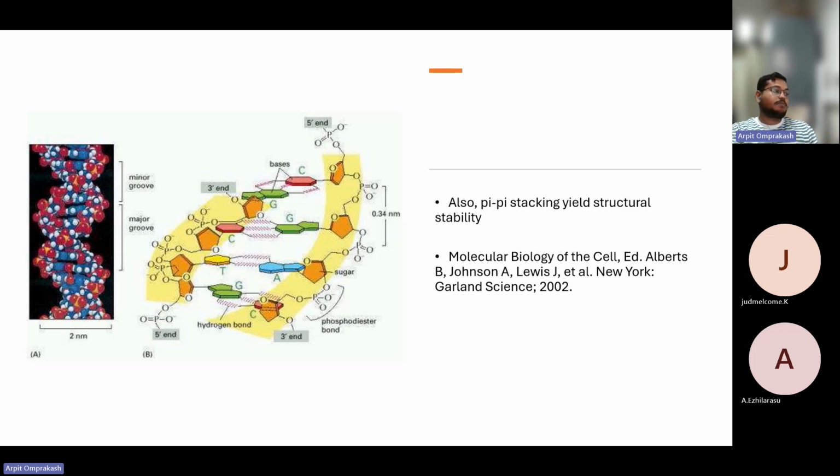So the pi-pi stacking is basically the delocalized electron cloud that is present on top of this. So that stacking yields structural stability to the DNA, right? Along with the hydrogen bonding, the sugar phosphate backbone and the coiling.